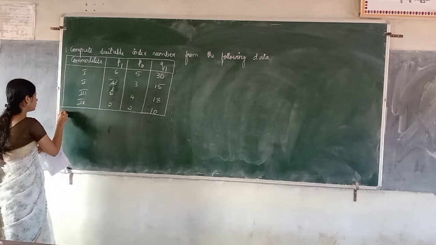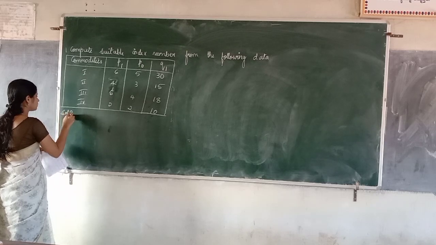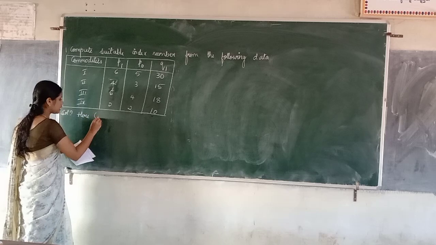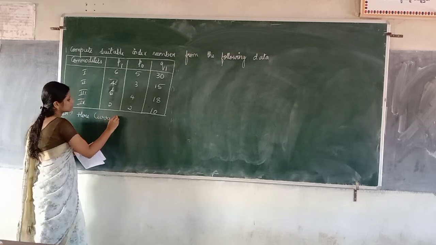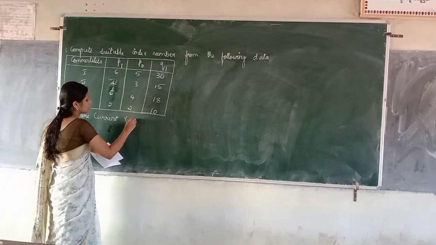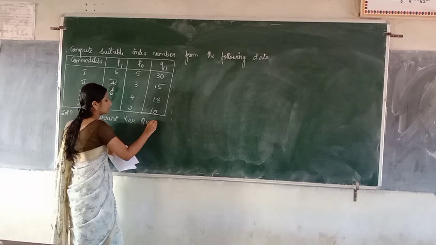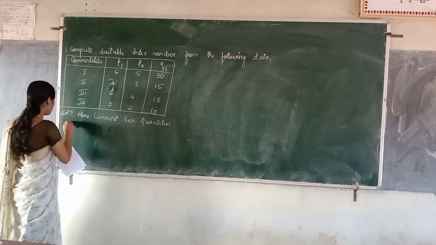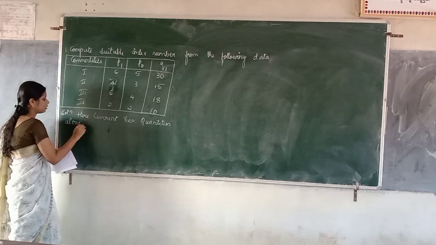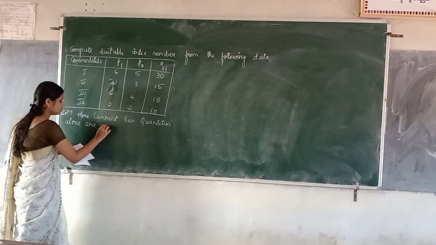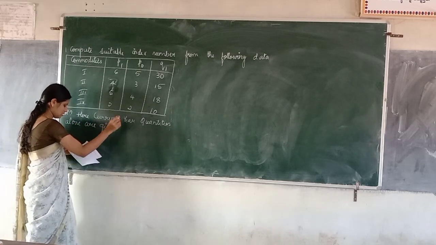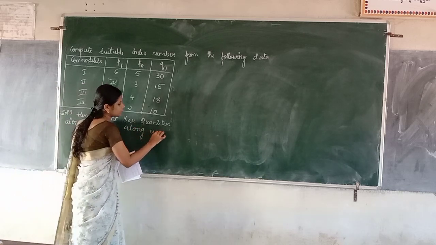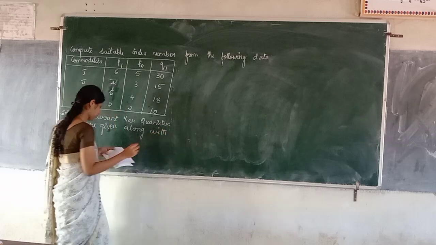So in the solution, we are going to write here: current year quantities alone are given along with prices.